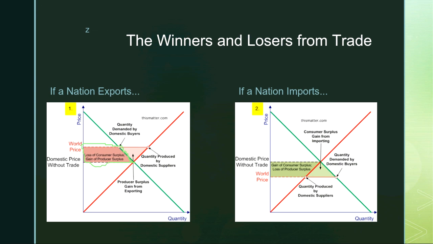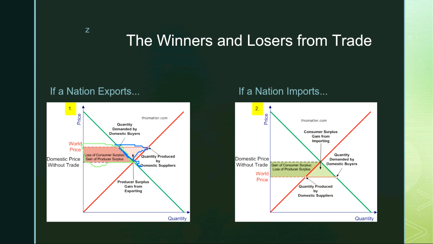Similarly, our producers are going to pick up even more surplus because now they get the surplus of selling at a higher price and also picking up the gains of trade. So the area I've circled in blue is the area that the producers gain from exporting. Now that producers are able to sell at a higher quantity and a higher volume, notice that the amount of exports compensates for the loss of quantity supplied originally. I'll just draw here.